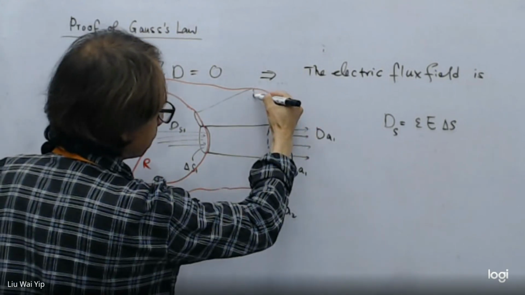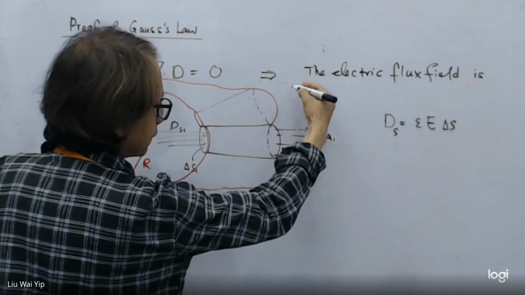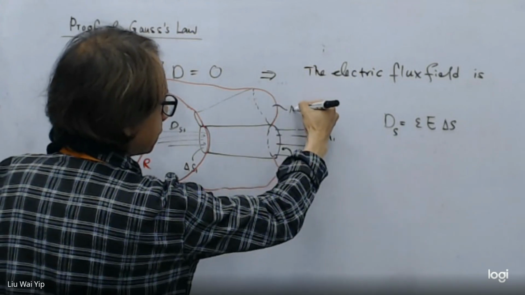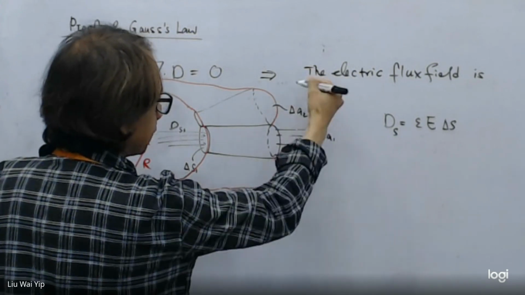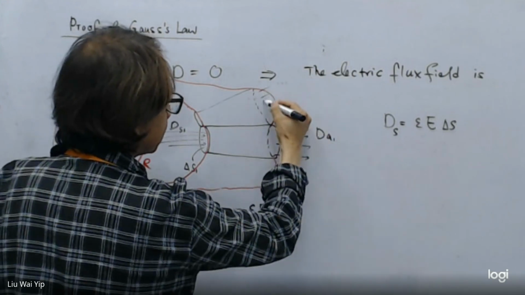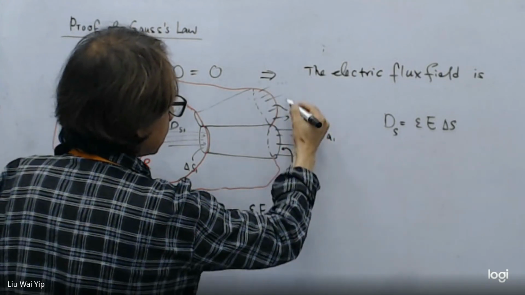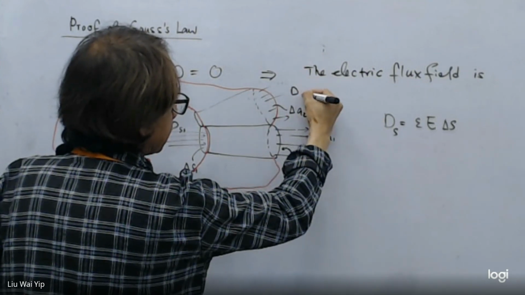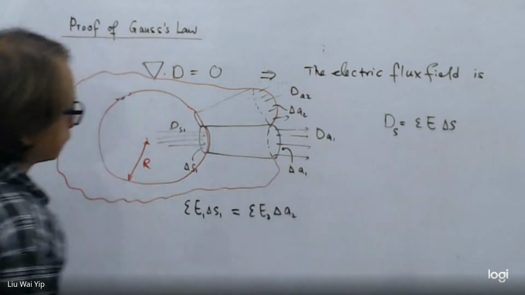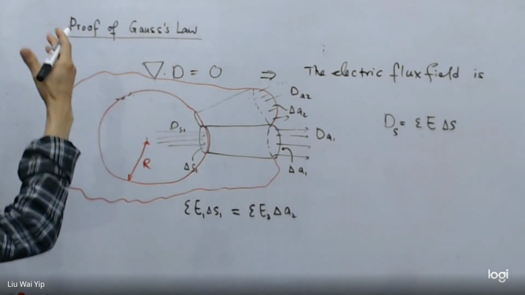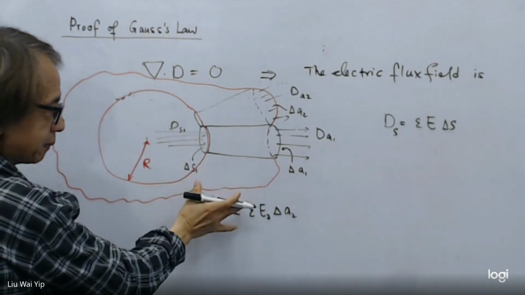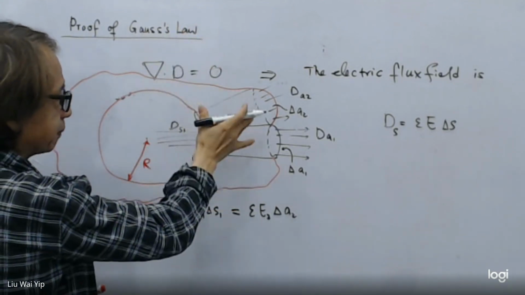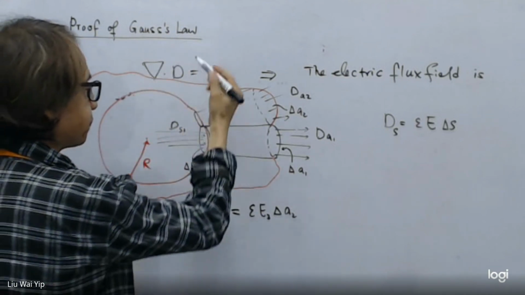So this could be delta A2, and the flux here could be D of A2.